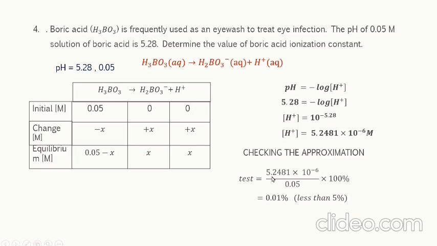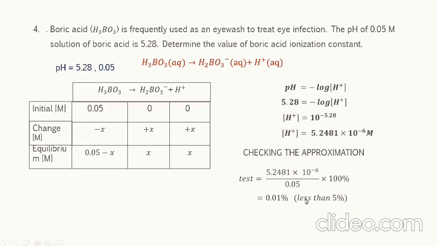By using the formula, percent ionization equals the value of X over the initial concentration multiplied by 100%. So we put the value of X here, 5.2481 multiplied by 10 to the power of negative 6 over 0.05, multiplied by 100%, so we get the answer 0.01%.